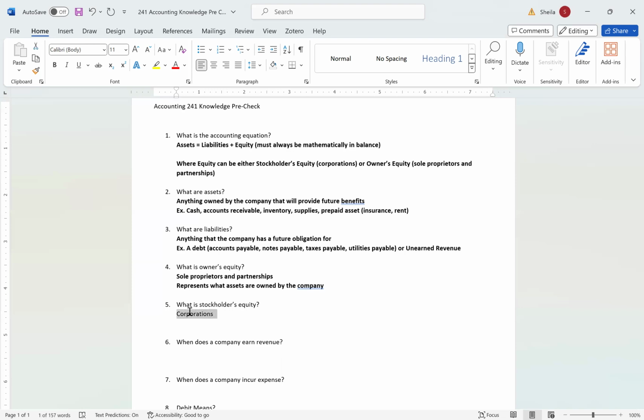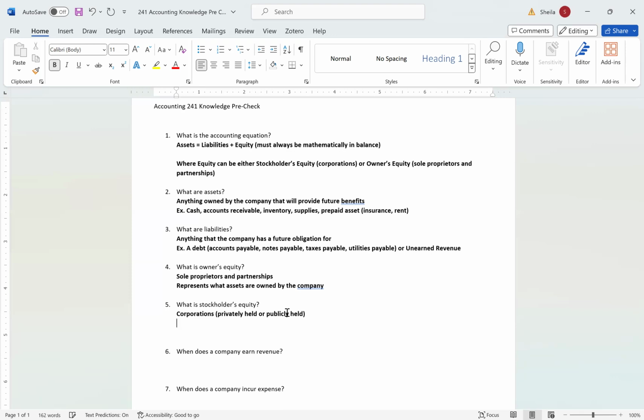And what I want you to keep in mind about corporations is that these can either be privately held or publicly held. If they're publicly held, that means that they trade stock on an open stock exchange for anyone to purchase. And that's going to be important to keep in mind as we move forward. Again, what is stockholders' equity? It represents what assets are owned by the owners of the company.